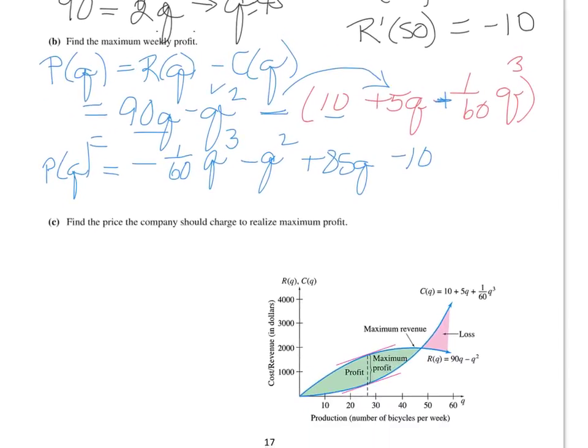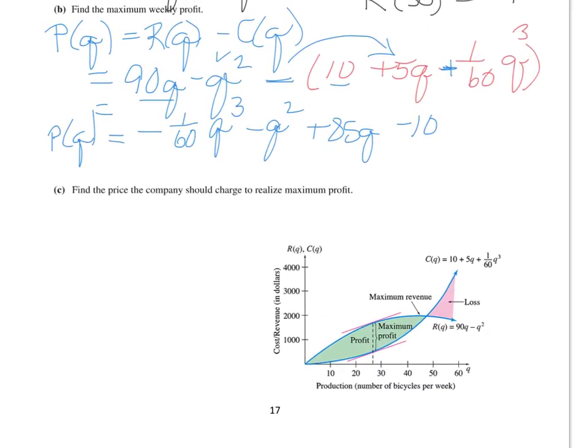So for our next step, to find the maximum weekly profit, we're going to need to find the derivative of profit. So the derivative of profit is going to be P prime of Q, and that's going to turn out to be negative 3 over 60, which is the same as negative 1 over 20, Q squared, minus 2Q, plus 85.